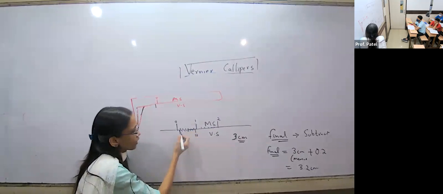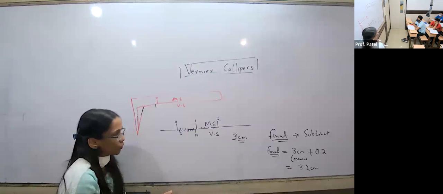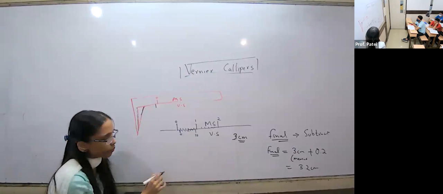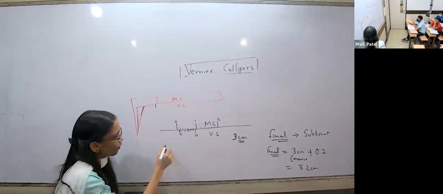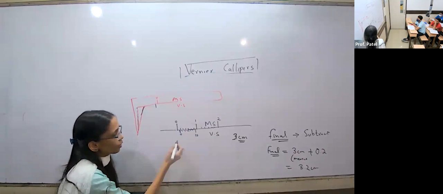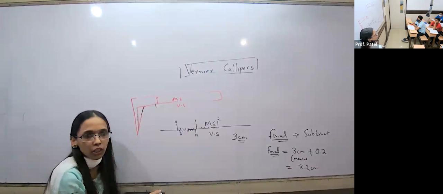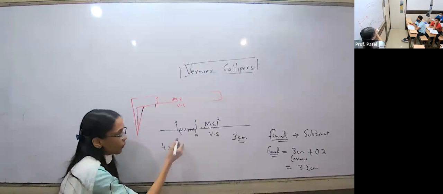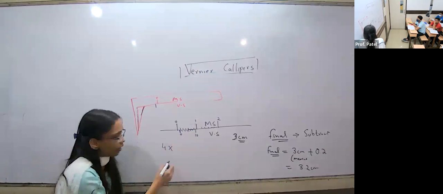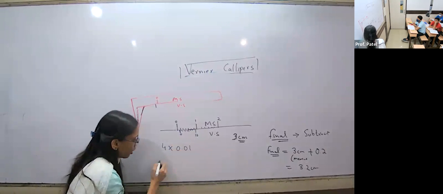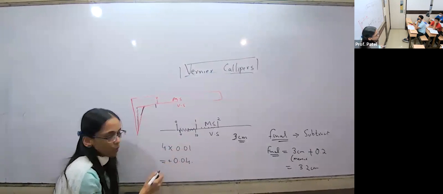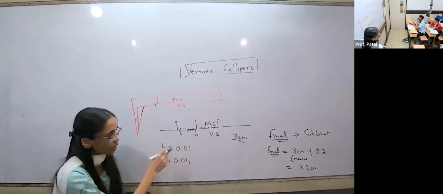In this case, it is 1, 2, 3, 4, the fourth one. So we take the fourth one multiplied by the LC. We know my LC is 0.01. So my error is 0.04. Positive error. Very easy in case of positive error.